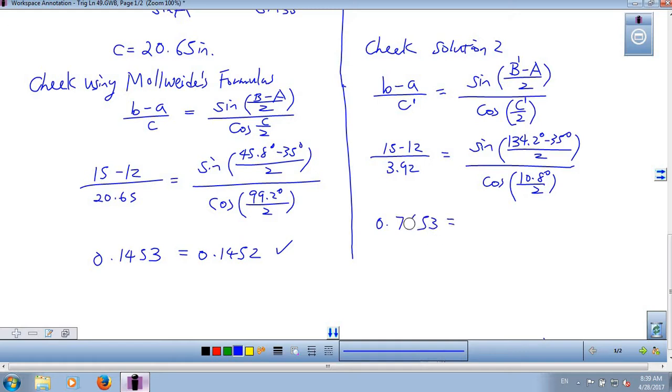0.7653. If I have the exact answer, or as many decimals as possible, then this round off error will be very small. Okay, but it's possible because we already rounded off, especially 3.92, and even the 134.2 and 10.8 are rounded off.